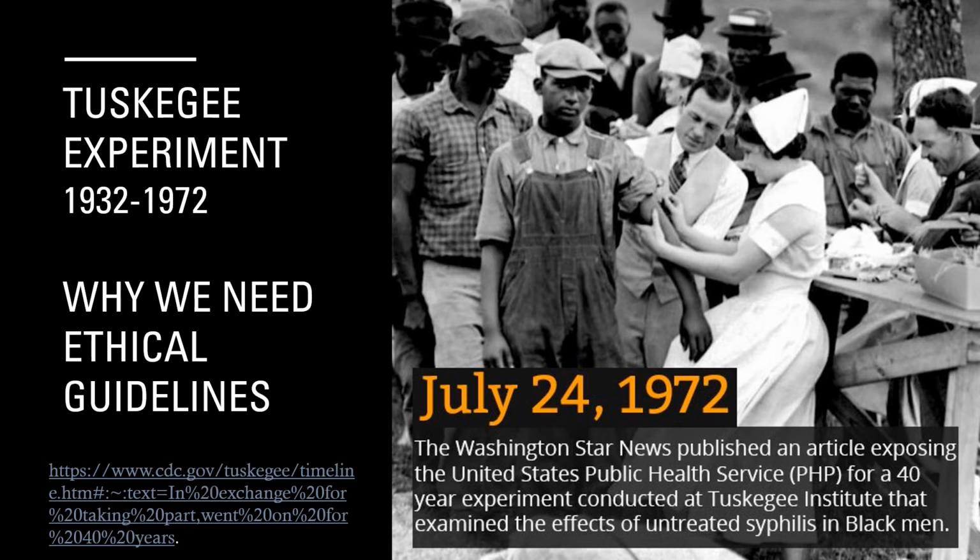Participants were also, in addition to being deceived, they did not receive medical treatment, and the study went on for 40 years. So you can imagine that that's considered harm to subjects.